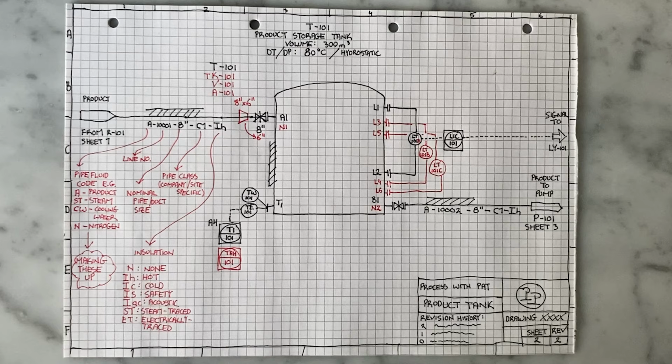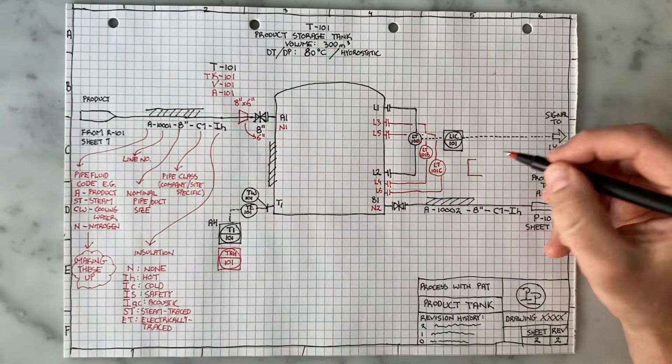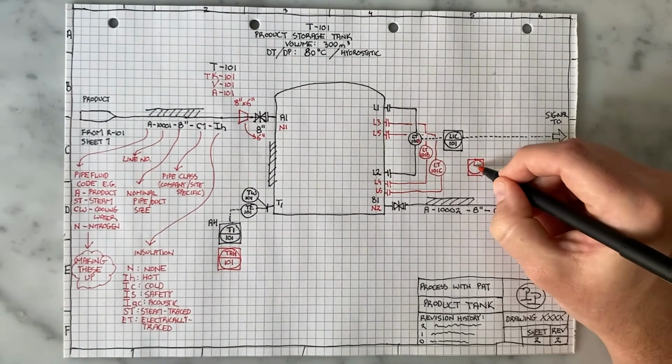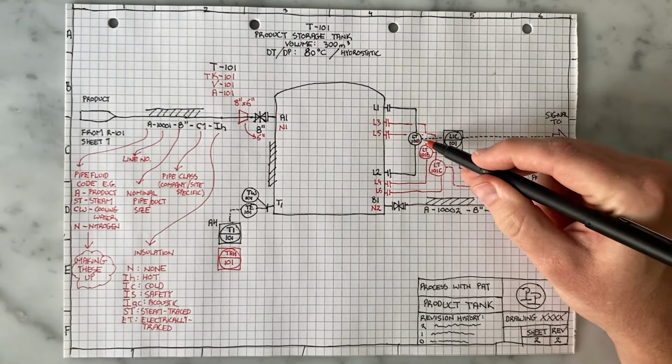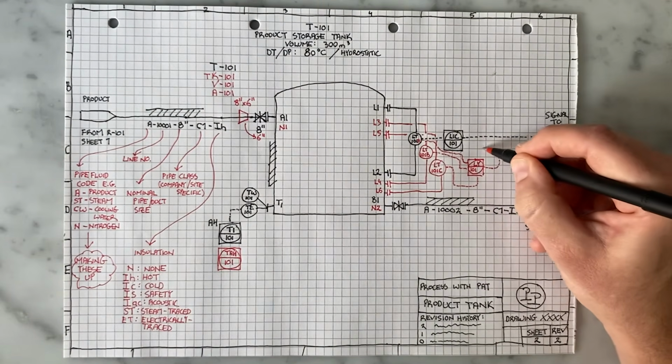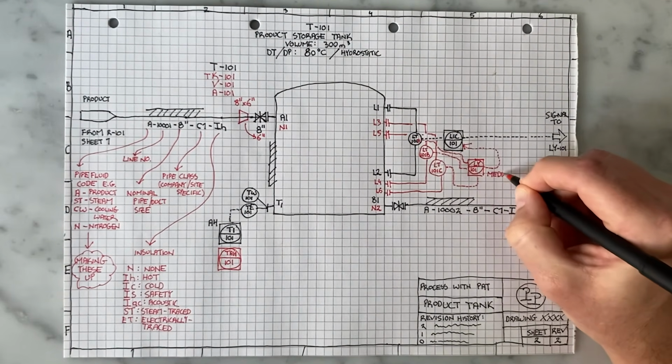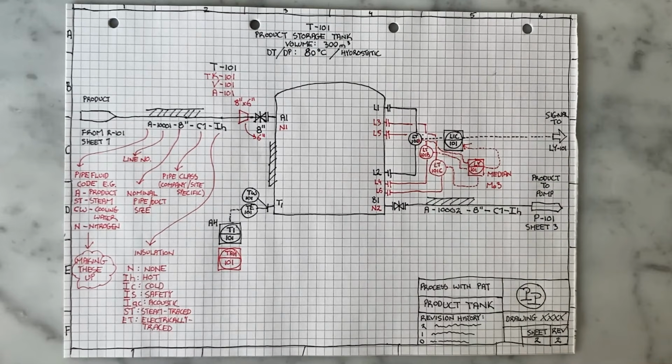The 3 separate signals from these 3 different DP cells are sent to a calculation block, and the function of this block is to select the middlemost value. So it is common to see either MO3, in other words middle of 3, or the word median next to blocks like this.